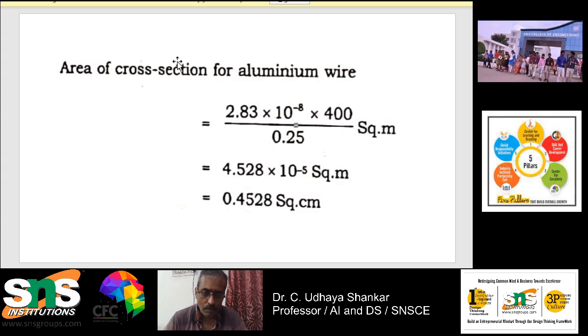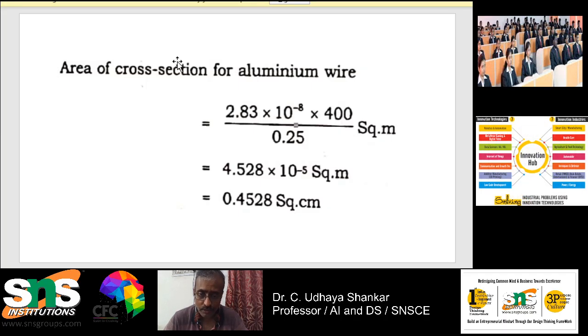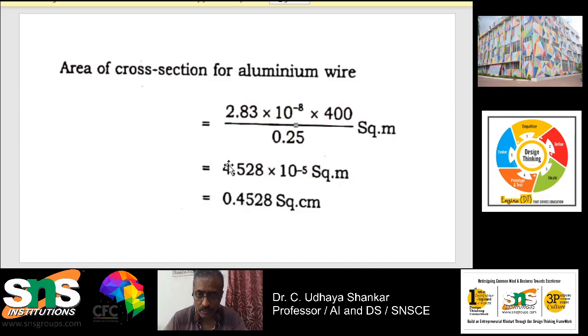So in this problem, we have come to a conclusion on how to find the area of cross section for a given value of resistance. The length of the wire will be given, the specific resistance you can find from the data sheet, and if the resistance is known, you can directly find the area of cross section of the wire.